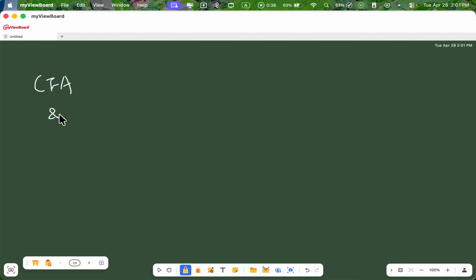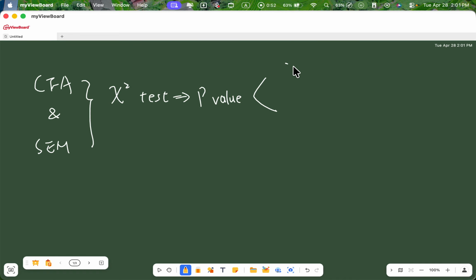For CFA or even SEM, usually we will apply the chi-square test. So we expect the p-value to be either greater than 5%, which is the alpha level, or less than 5%.